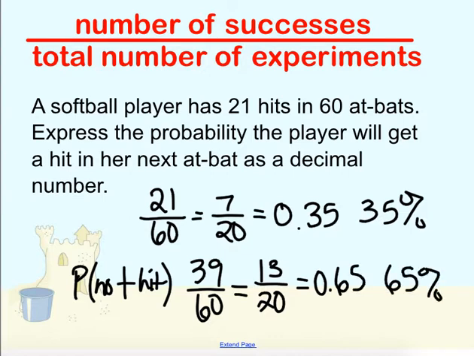She has a 65% chance of not getting a hit. These are what we call complements because we have an event and not the event. They complement each other because they always add up to one whole, okay?